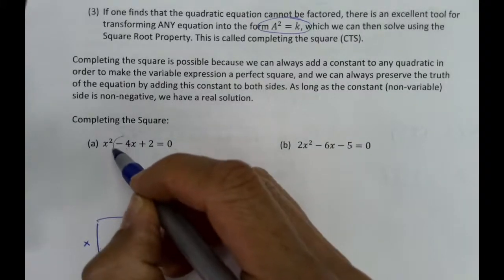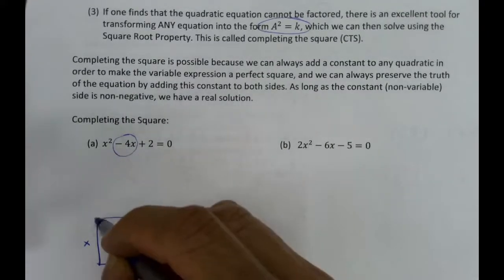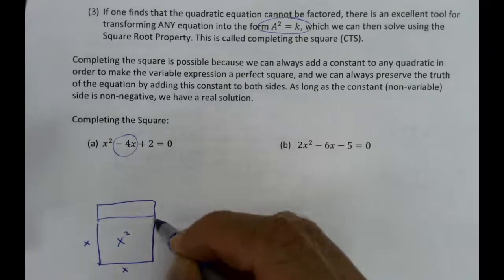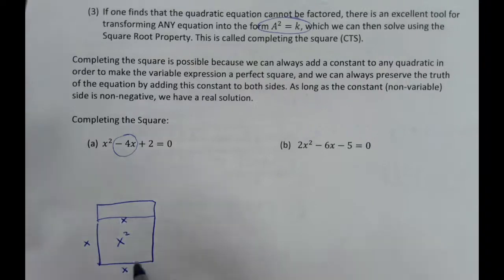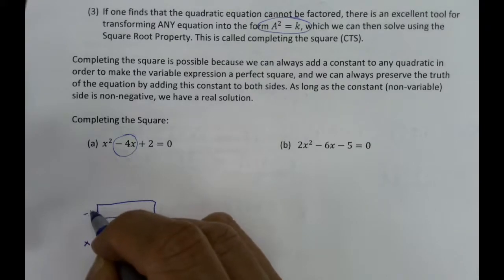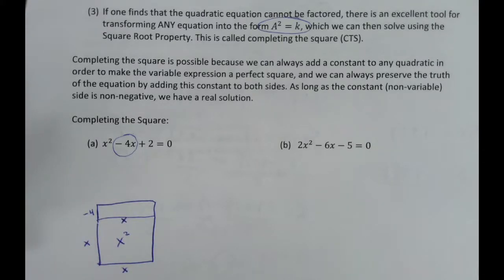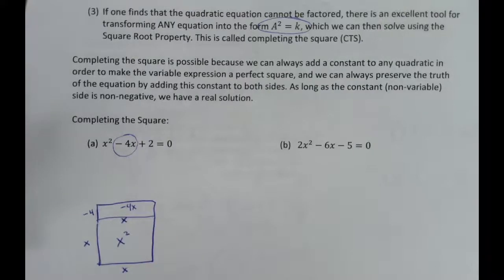Then that minus 4x, basically any number times x, I could represent as a rectangle with one side x, the same as that square, and then this side, I know we usually don't use negatives for lengths, but go with me, the same logic applies. So this would be -4 times x, my length times my width. But now it's a rectangle.